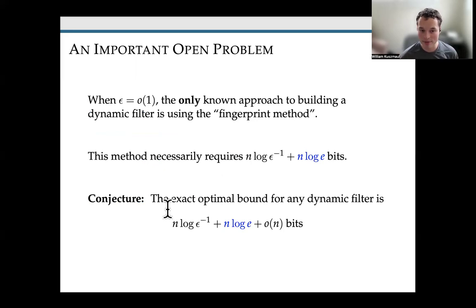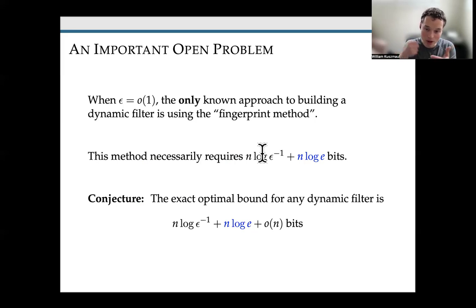Okay, and then just to wrap up the talk, I want to conclude with a kind of interesting open problem. It turns out for the upper bounds, the only techniques that we know for getting dynamic solutions actually come very specifically with n log e extra bits of space compared to the static solution.